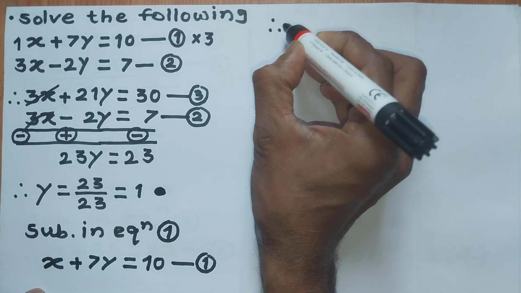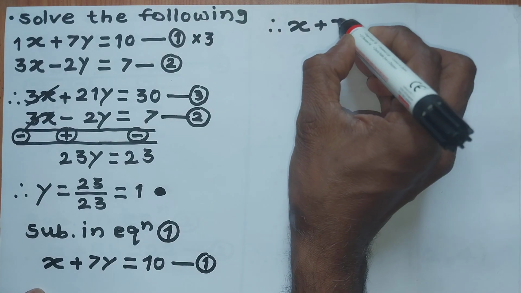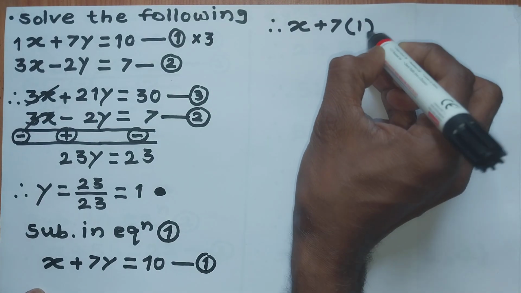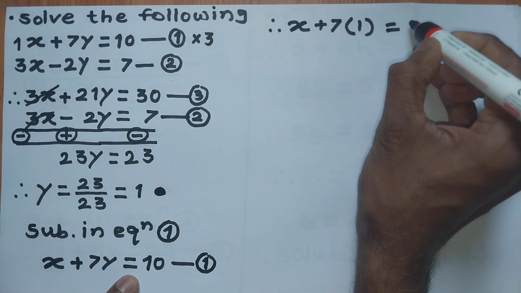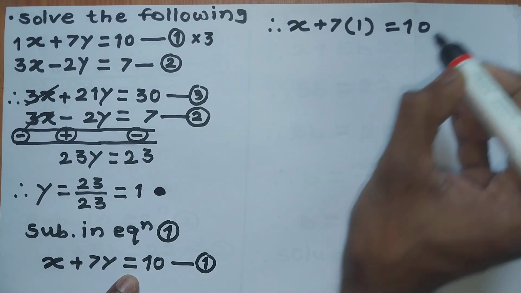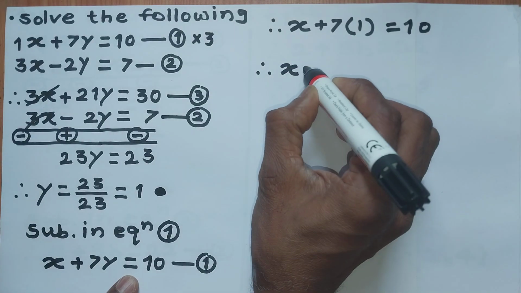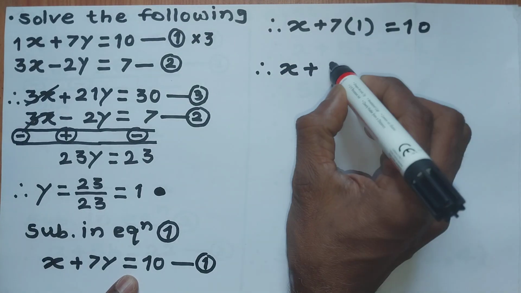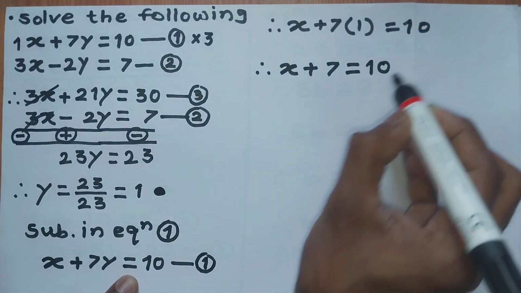Therefore we get x plus 7 into 1, value of y, is equal to 10. Therefore x plus 7 into 1, 7, is equal to 10.